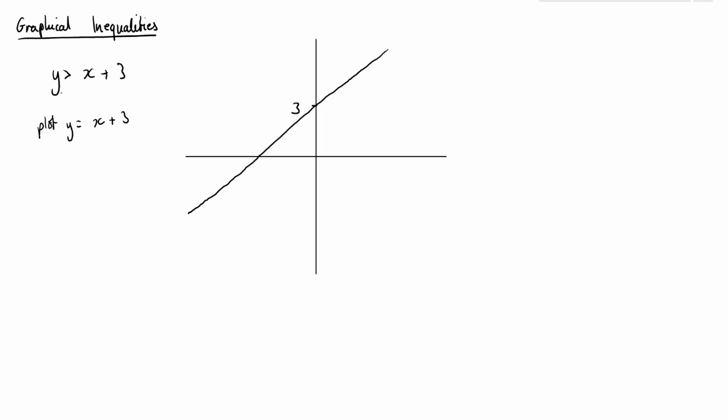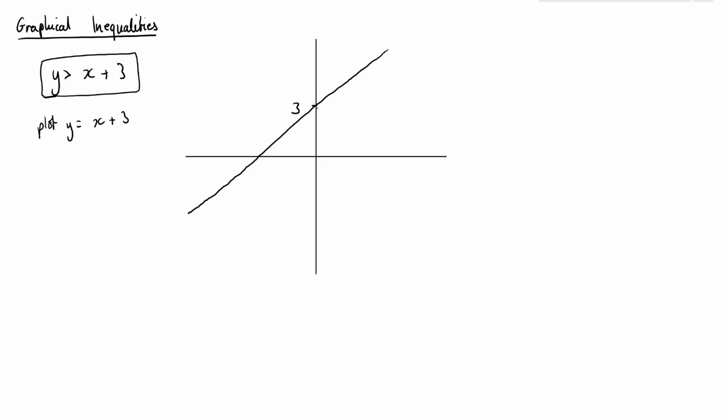Now, if I wanted to plot y is greater than x plus 3, it means I need to find all of the values where y is bigger than it would be if it was equal to this. Let me put this another way.